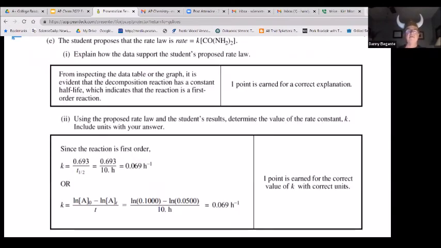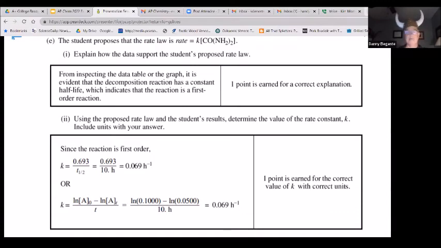And then finally, if you had said that the half-life is constant, therefore it's first order, boom, you get a point. And then since we said the half-life was 10 hours, if you just take 10 hours and plug it into the equation that T1/2 is equal to 0.693 over K and solve for K, then you would have gotten the answer 0.069.